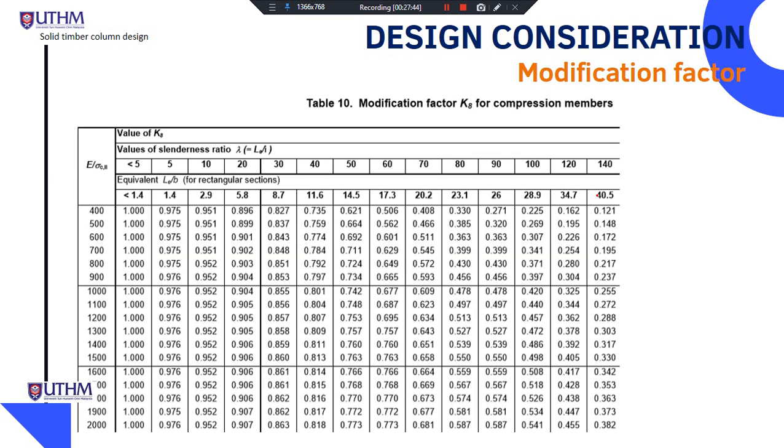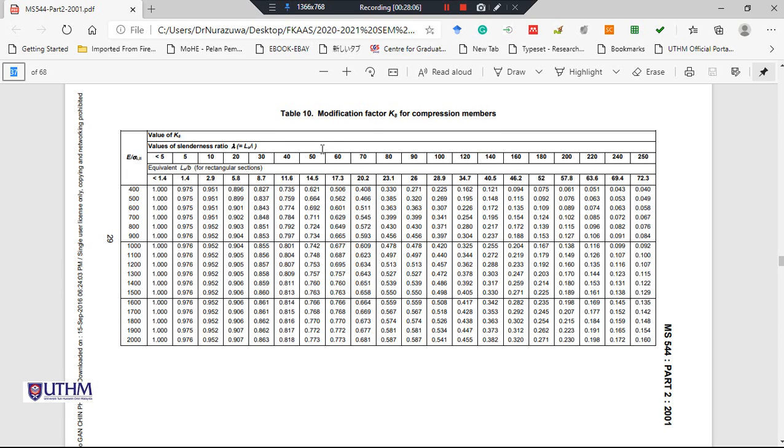So the second method to determine K8 is by using table 10. This table 10 in Malaysian Standard 544 can be found in page 29, and this is table 10, modification factor K8 for compression member, from Malaysian Standard 544 Part 2, 2001.